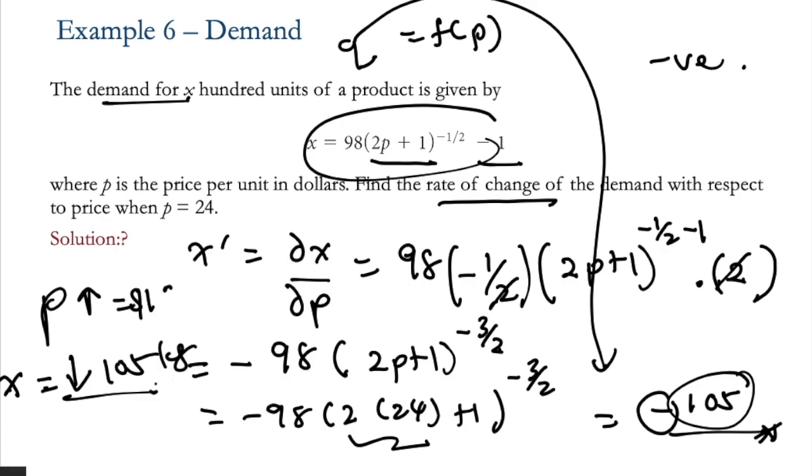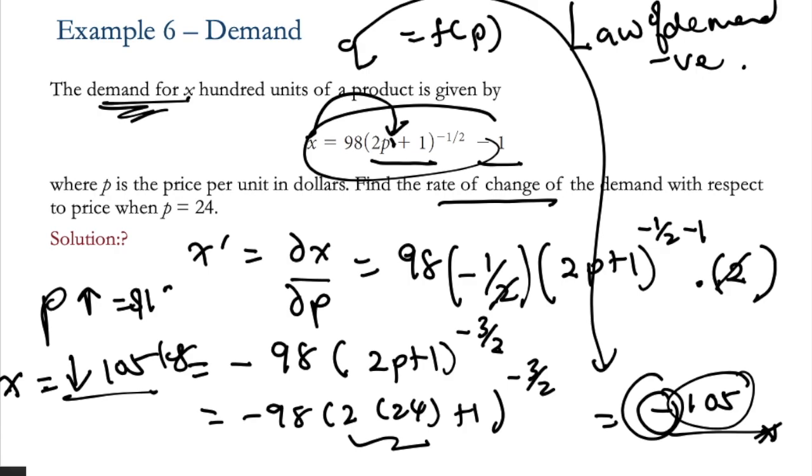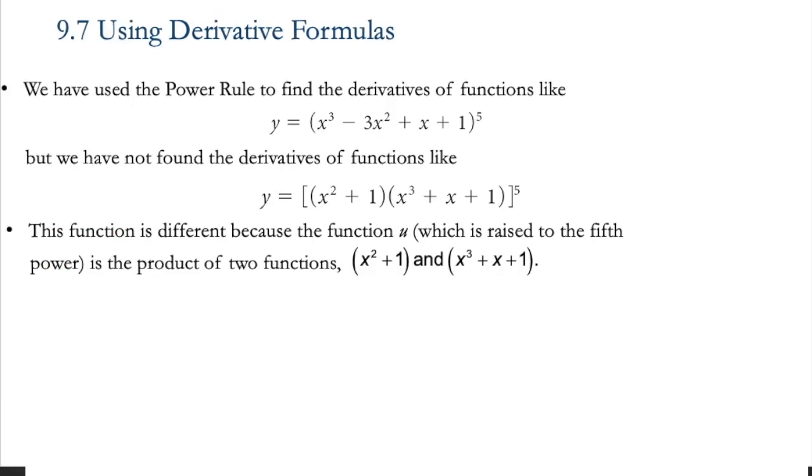If it is bags, 105 bags. The negative sign here shows you the direction of the relationship between X and P, quantity demanded and price. And in the study of economics, this is basically the law of demand. Okay. All right. So I hope this is clear.